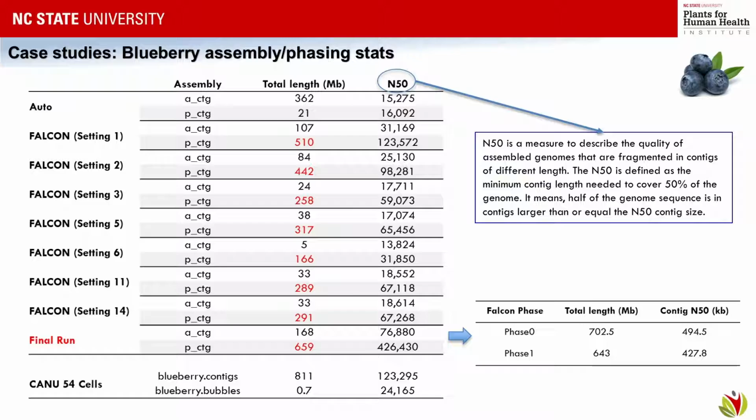The total length of phase 0 is 702 megabases, and the other is 643, with an N50 of around 490 kb for phase 0 and 420 kb for phase 1.